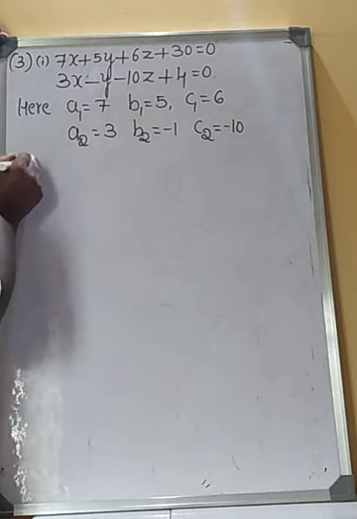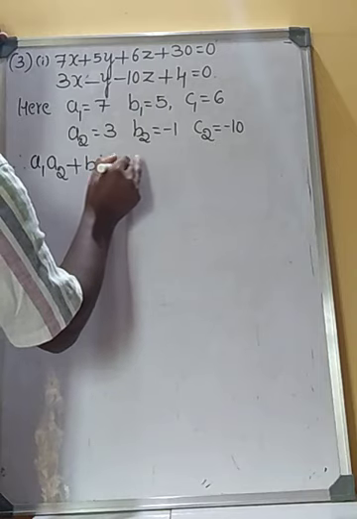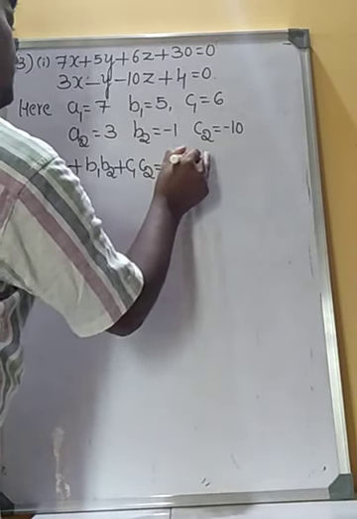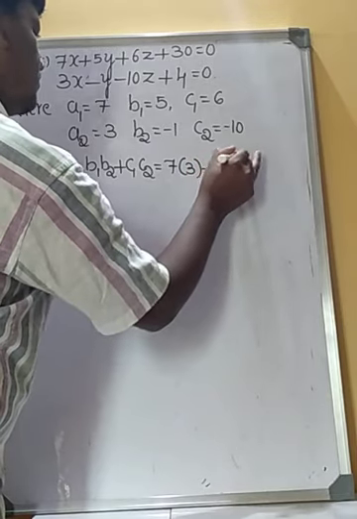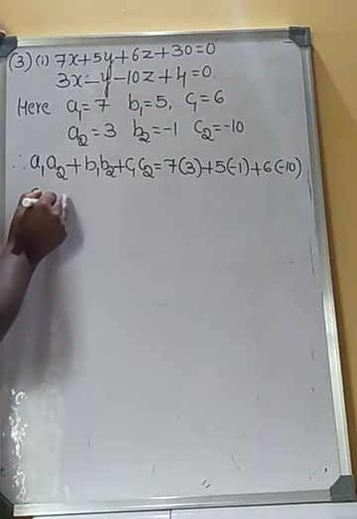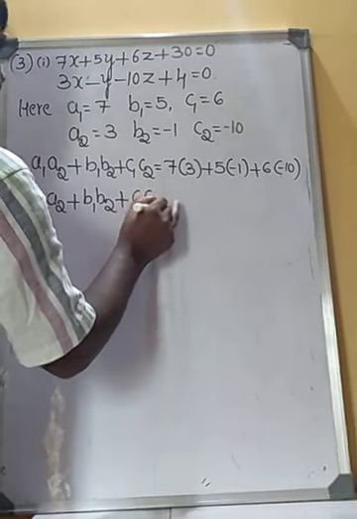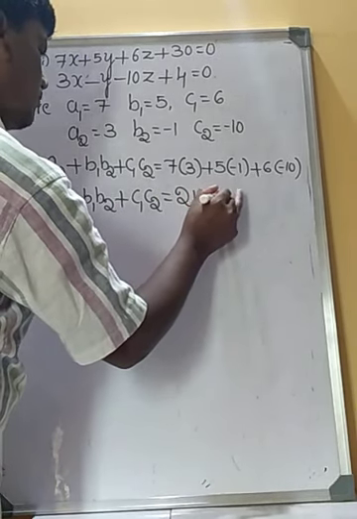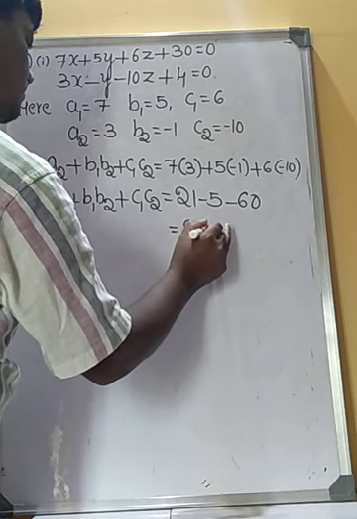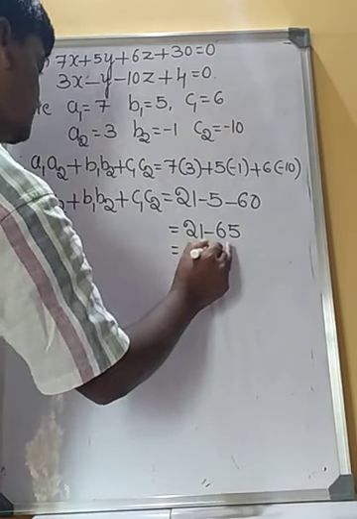So now first one, A1 into A2 plus B1 into B2 plus C1 into C2: 7 into 3 plus 5 into minus 1 plus 6 into minus 10, equals 21 minus 5 minus 60, which is 21 minus 65, equal to minus 44.